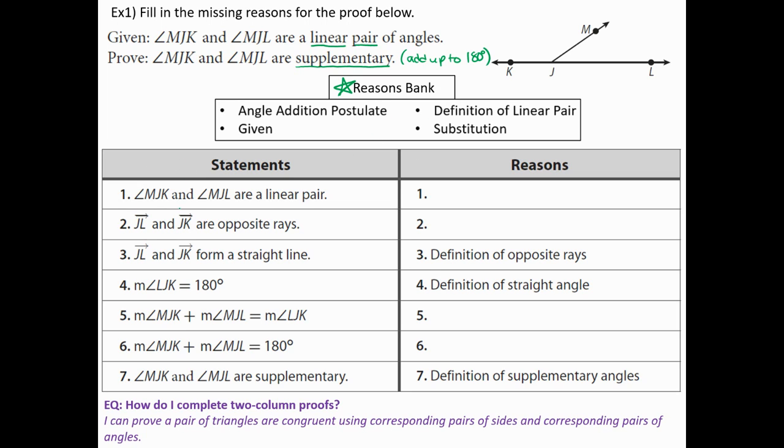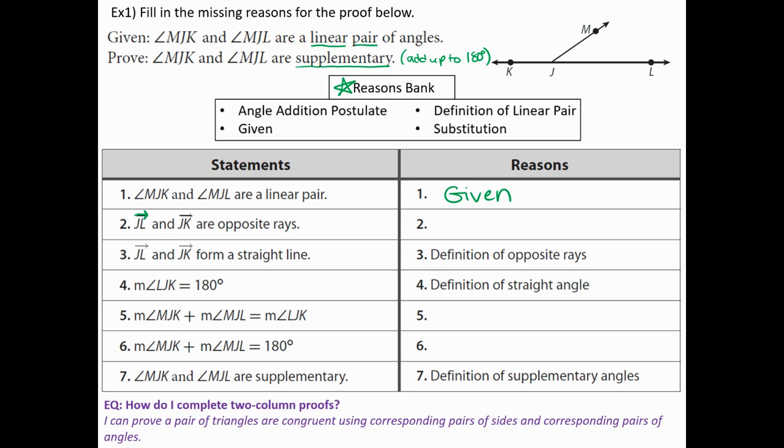So number 1, angle MJK and MJL are a linear pair. We know that because that is given. Remember, almost always your first thing is going to be what's given. And we can see that's right at the top. Then we have ray JL. Remember, this is a ray because it has an arrow.